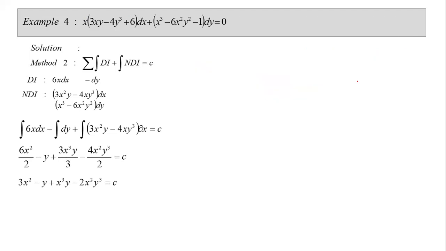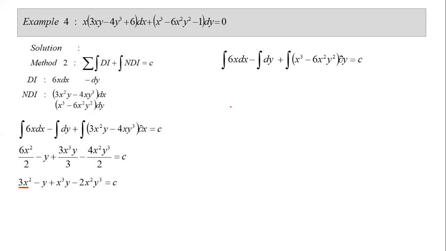Or if you want to use this non-direct integrable, so we shall have, again, you copy the integral of 6x dx minus the integral of dy, and then this is to be replaced by this. The integral of x cubed minus 6x squared y dy equals c. And you know that the integral of this is 3x squared.